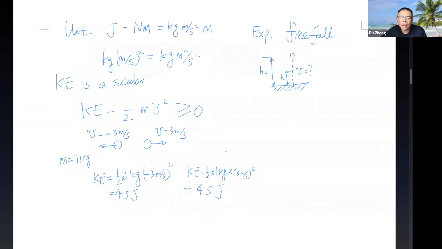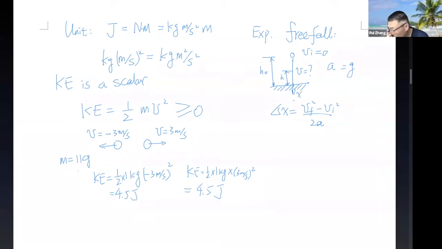We can solve this problem by using our kinematic formulas. If you remember, one of the formulas says delta x equals vf squared minus vi squared, divided by 2a. In our case, vi is 0, and a is just g, 9.8, and let's define down as the positive direction.